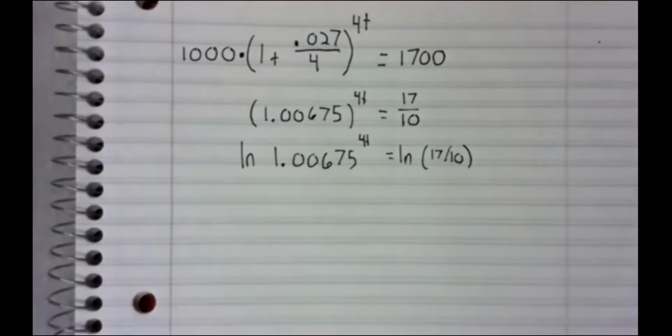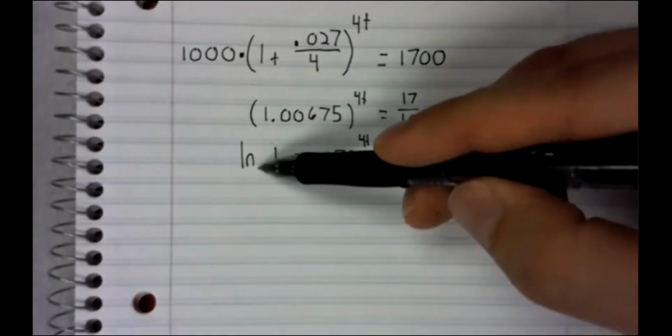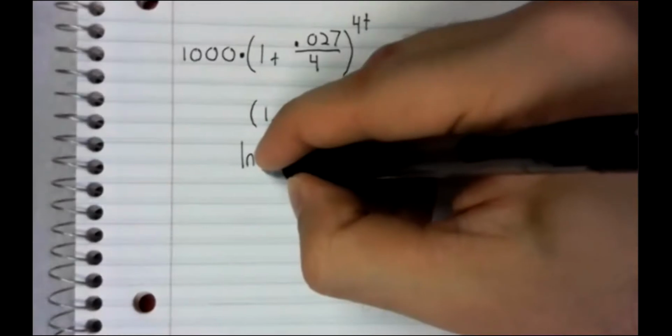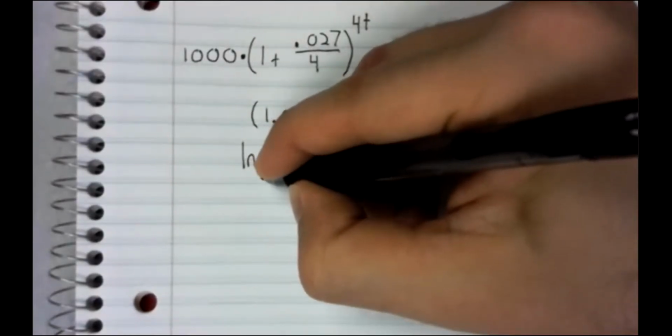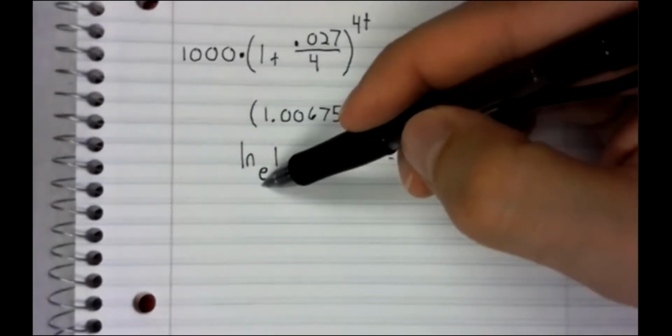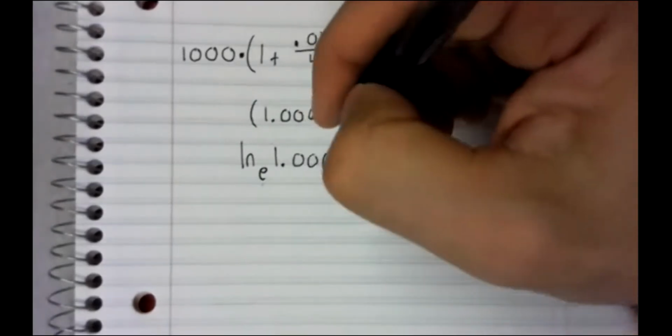On the left, remember that cancellation we saw in the Everest problem only occurred because there our base matched our exponent.